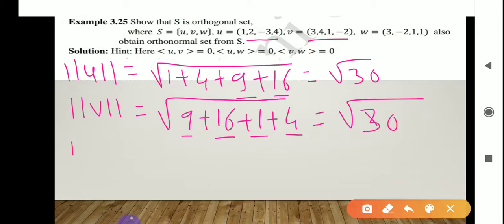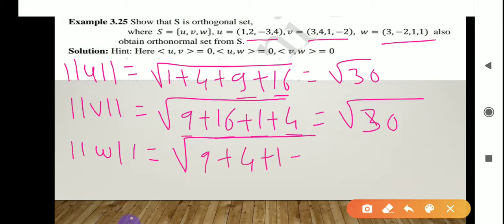And the norm of w, if you find here, w is this vector: 3 square is 9, plus minus 2 square is 4, plus 1 plus 1. So this is 9 plus 4 is 13, 13 plus 2 is 15, so root 15. So these are the norms of each vector of S.